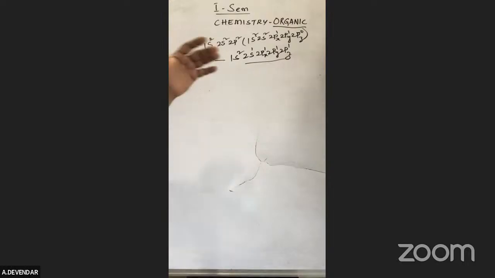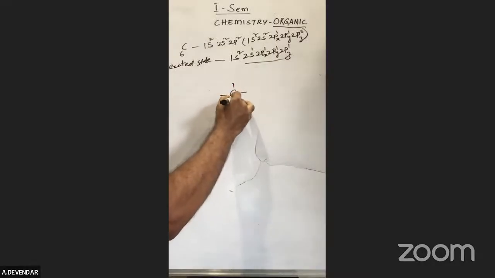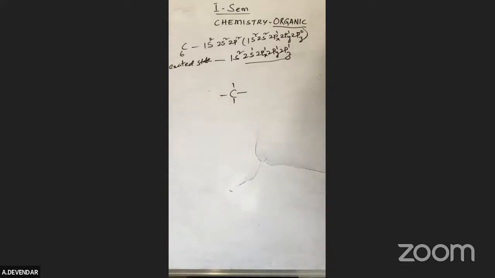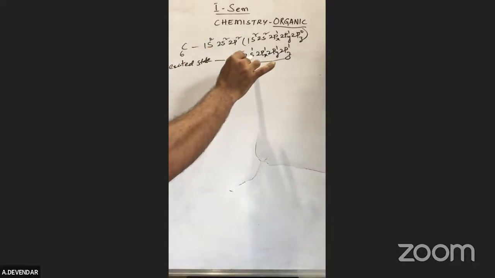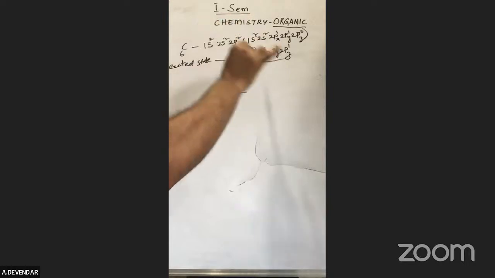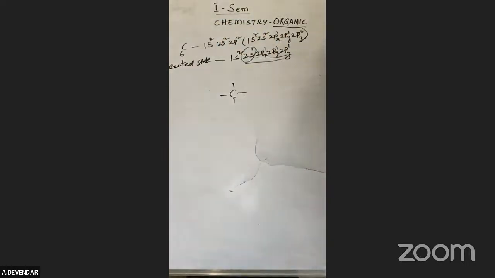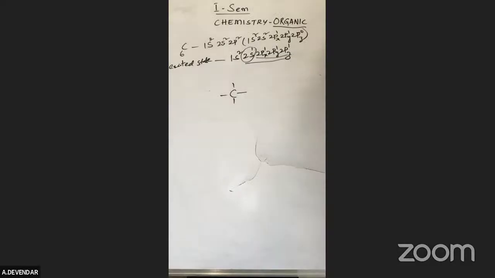Tetravalency means carbon can form 4 single bonds. But if you observe, 1 electron belongs to the s orbital and 3 belong to the p orbitals.